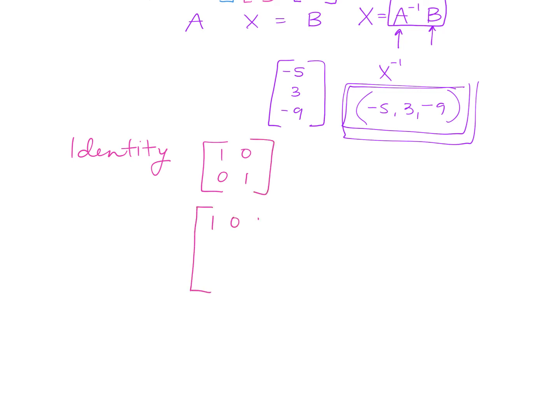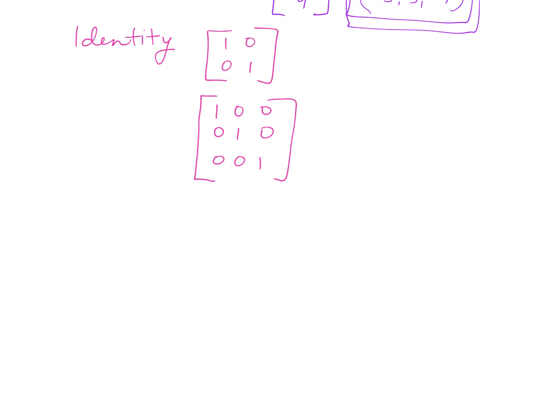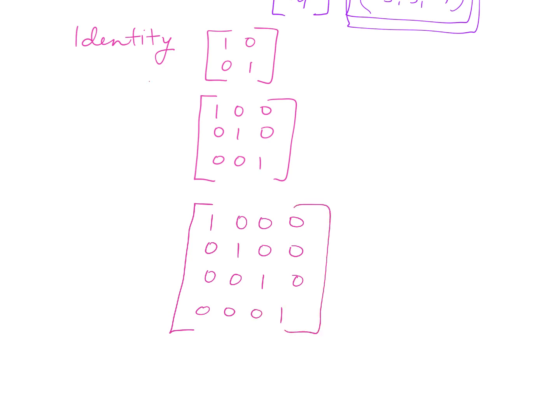So if it's a 3 by 3, it would look like this. If it's a 4 by 4, right? So 2 by 2, 3 by 3, 4 by 4. Those are all identity matrices.